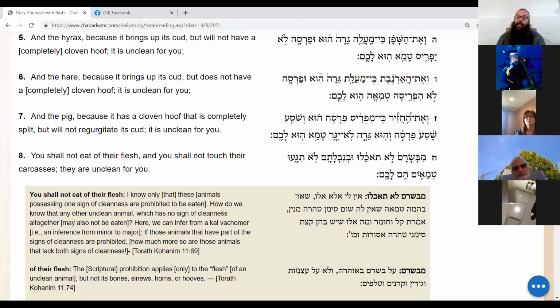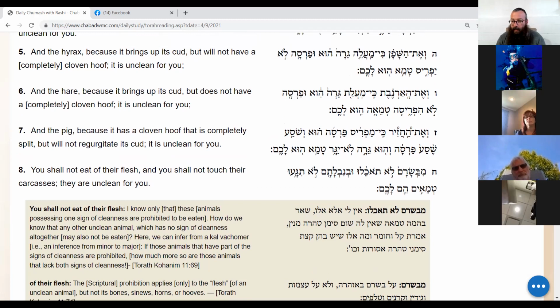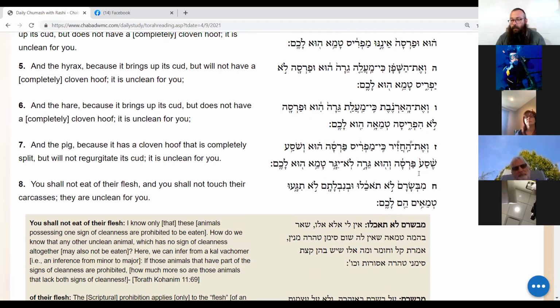He's impure. So that, I think, is the reason why we always say chazir. Why is pig worse than anything else? Because the pig looks kosher. If you look at the pig, he looks like he has a kosher symbol on him. He has a very good split hoof. And he's not kosher because you can't see that he doesn't regurgitate its food, doesn't re-chew what it digested, and therefore the pig is not kosher.